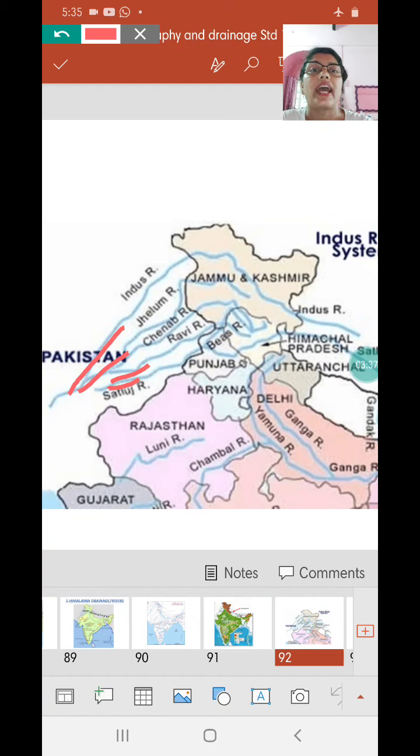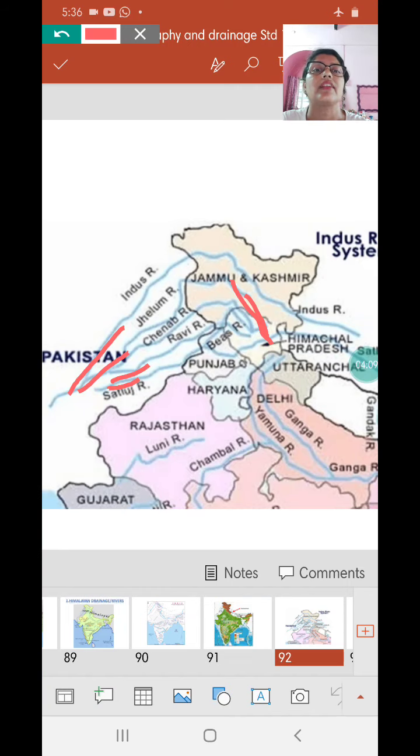Now, if you look at the origin of Jhelum, Chenab, Ravi, Beas, all these tributaries, they do not originate outside India. They are all very much in the Himalayan regions here. We studied about the Shivalik, the Pir Panjal, the lesser Himalayas, the middle Himalayas, the greater Himalayas. So most of these rivers, that is Jhelum, Chenab, Ravi, Beas, originate in India in the Himalayas.